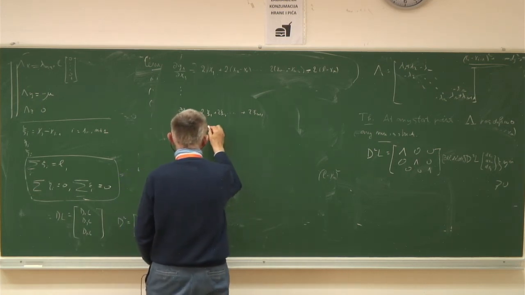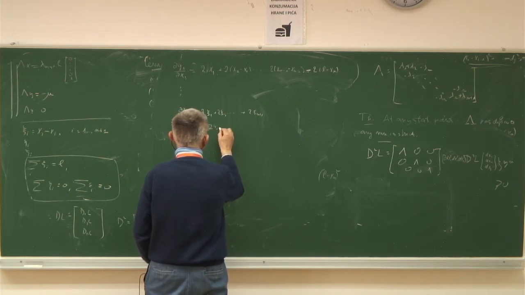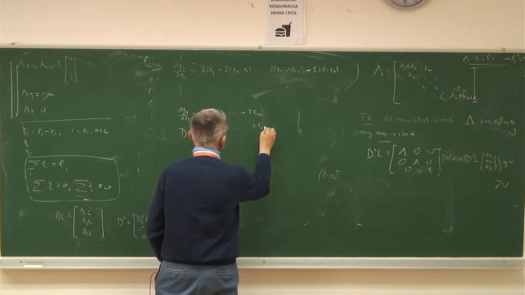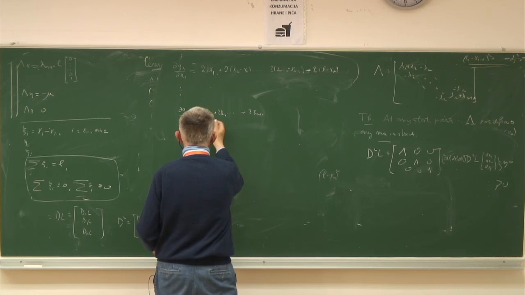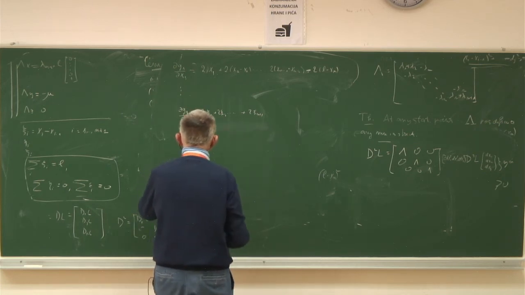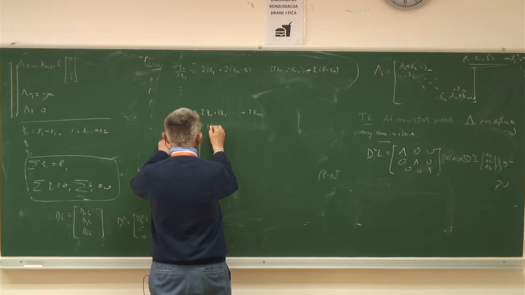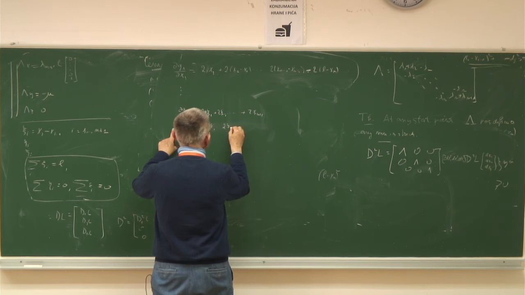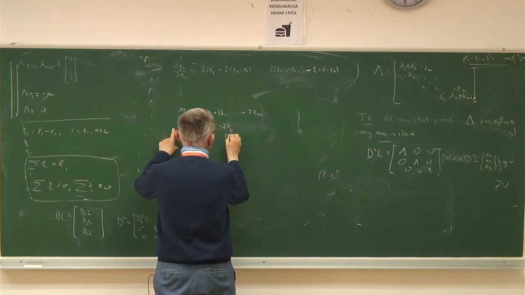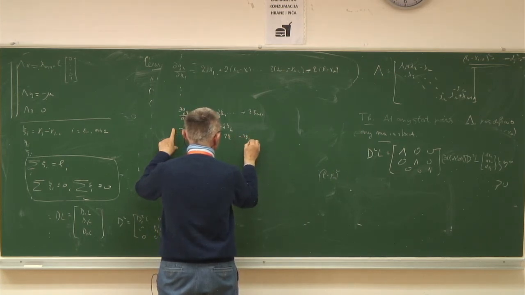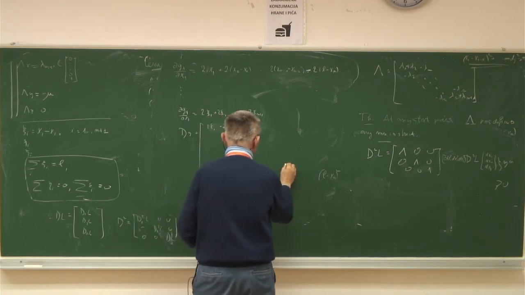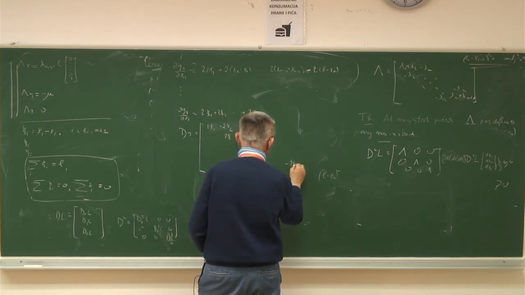It has 2 psi 1, minus 2 psi 2, 2 psi 2 minus 2 psi 3, and so on, minus 2 x(n plus 1), and here is xn.